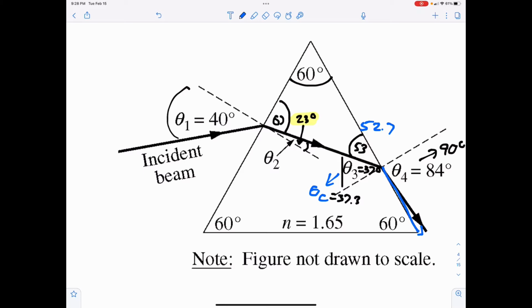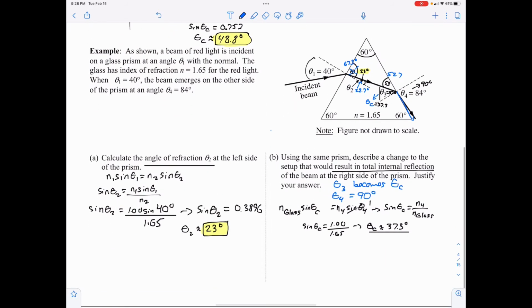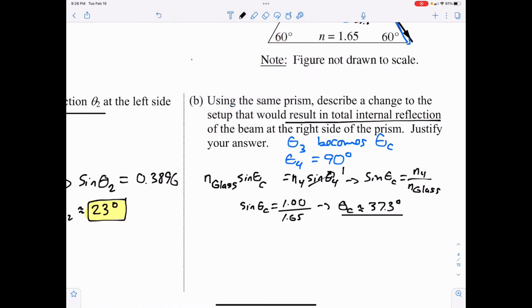And if I go 180 minus 52.7 minus the 60-degree angle at the top, we don't get a 67-degree angle, we get 67.3 degrees, which means this angle here would be 90 minus that, or 22.7 degrees. So if theta c, the critical angle, is 37.3, this makes theta 2 approximately 22.7 degrees, a little less than 23 degrees.